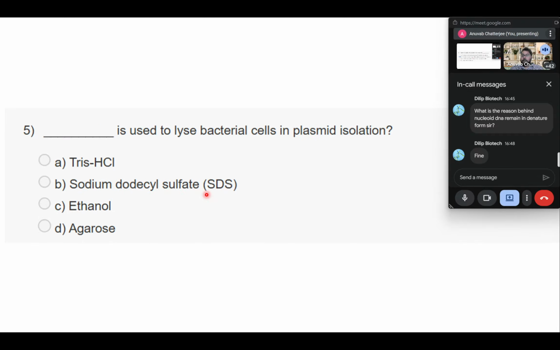I guess not. Okay, blank is used to lyse bacterial cells in plasmid isolation. The options are Tris hydrochloride, sodium dodecyl sulfate (SDS), ethanol, or agarose. You can put in what you think is the correct option here.